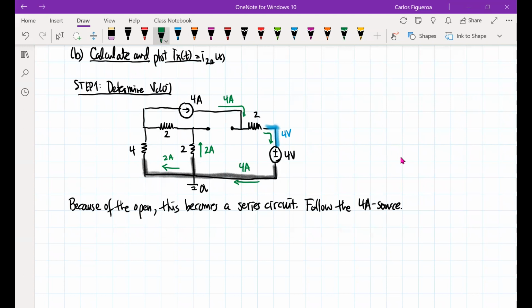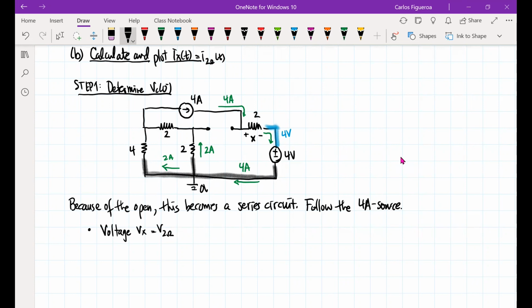So look what happens now. If I follow the current, note that this guy is plus and minus here, and for lack of better language, I'm going to call this resistor X. So if I look at the voltage Vx, that's the voltage of that 2 ohm right there.